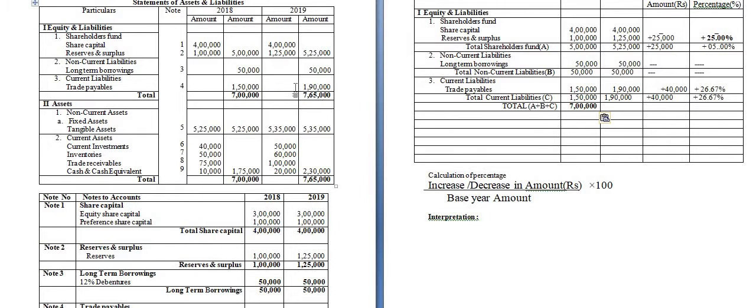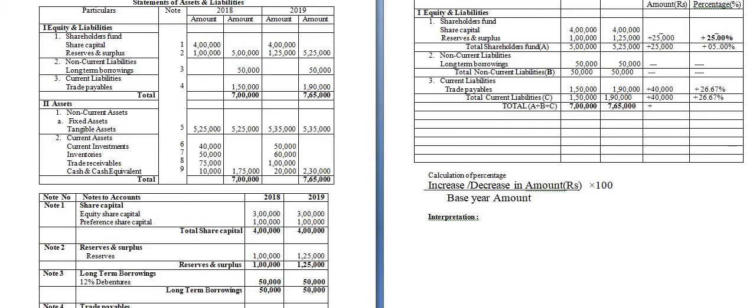Next, for 2019, A is 5,25,000, B is 50,000 and C is 1,90,000. So total is 7,65,000. Now after this, find out the changes. How much is the change in the total equity and liabilities?